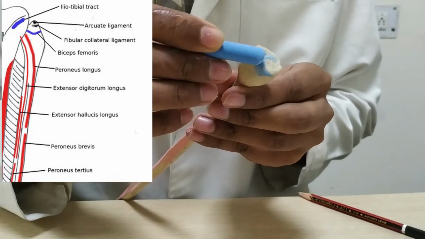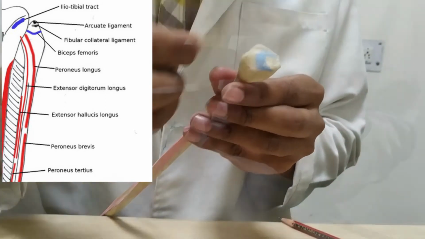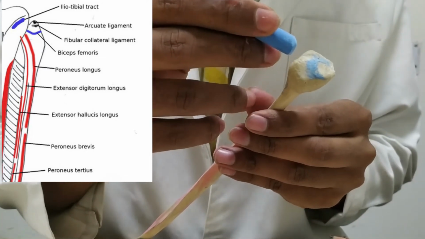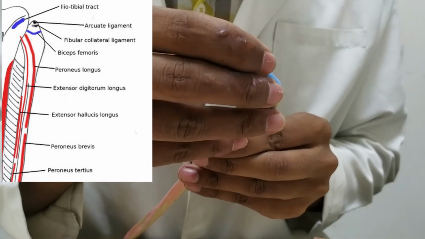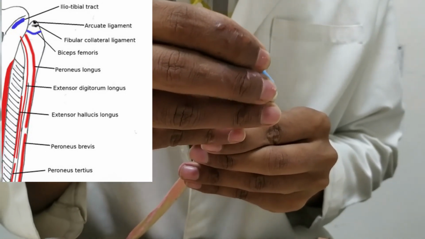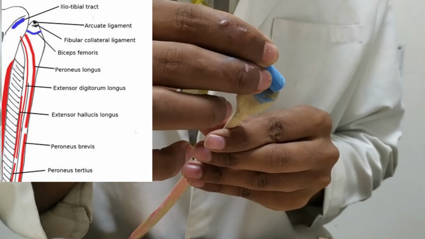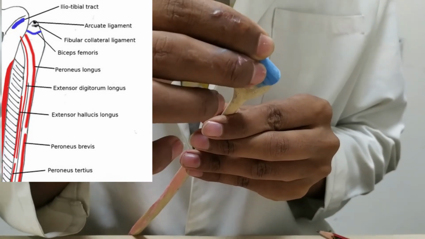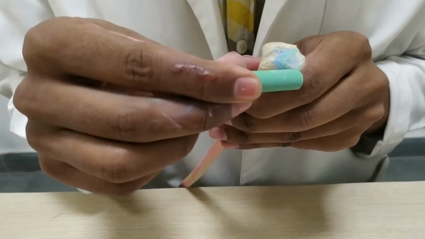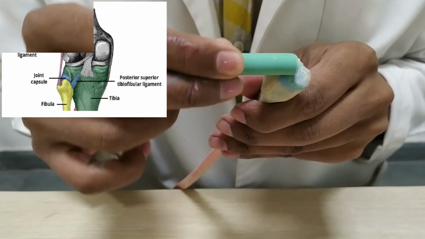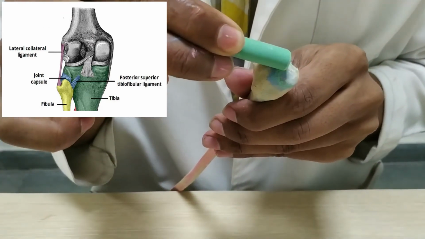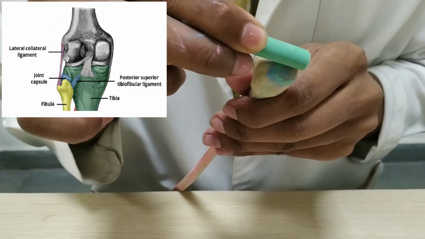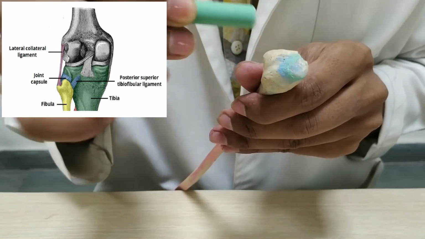The fibular collateral ligament of the knee joint is attached within the C-shaped area. This part is called the articular facet, and just around this articular facet we have the attachment of the capsular ligament of the superior tibiofibular joint.